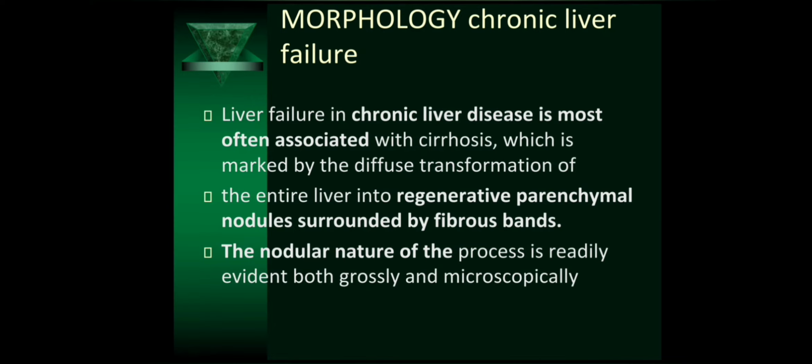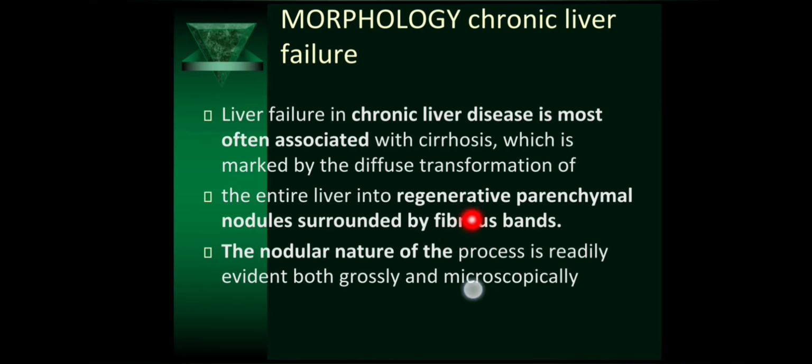Cirrhosis is the end result of chronic liver failure. Morphology-wise, the liver will look cirrhotic grossly, and there will be diffuse involvement by nodules.